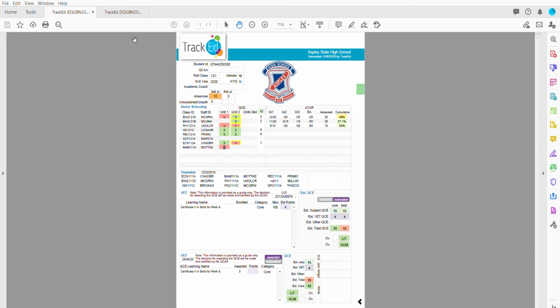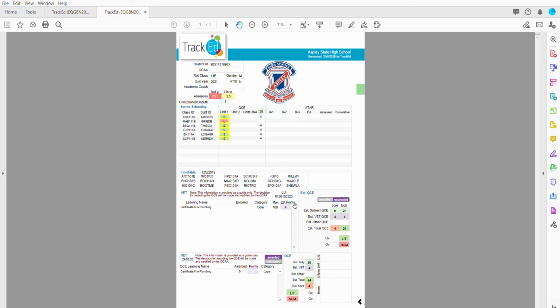What you will also see across both profiles, so Year 11 and 12, is if a student is completing any VET certificates through an external organisation. For example, this student is enrolled in a Cert 2 Plumbing. It will indicate the estimated points that a student can receive from that certificate course and include that as well in the estimation.